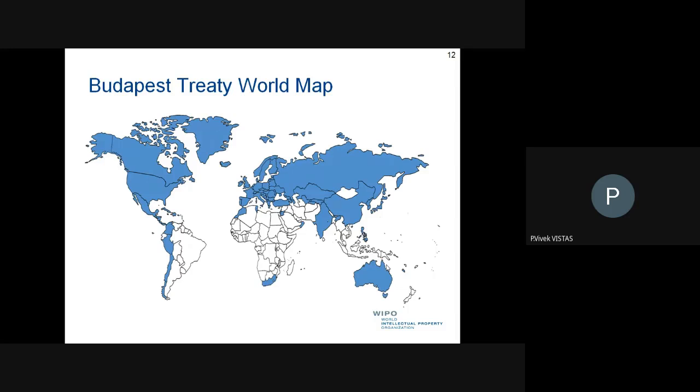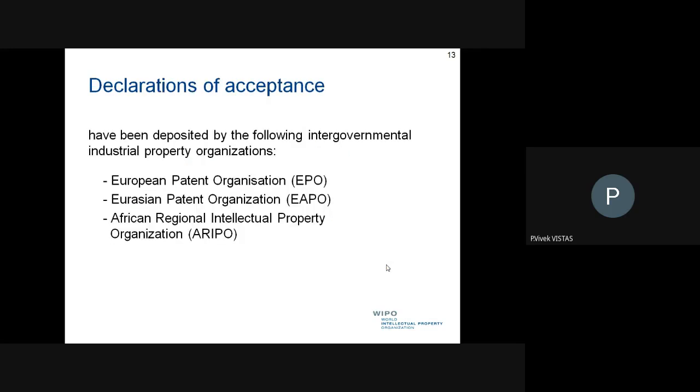So this is the Budapest Treaty world map. It is the world map of the countries under the Budapest Treaty. So, declarations of acceptance.